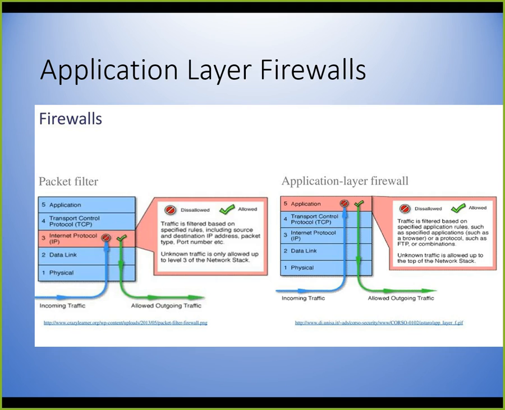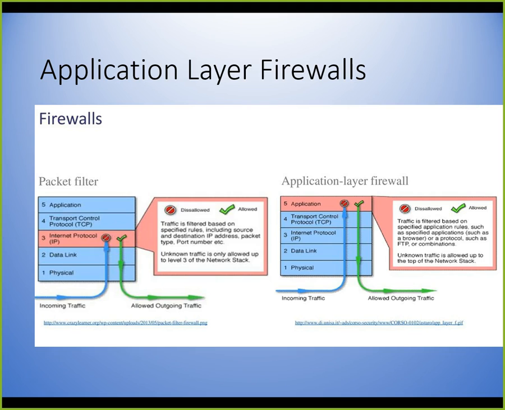Application traffic is filtered based on specified application rules. People don't use them anymore, but back in the day, AOL Instant Messenger was a big deal. Some people use some of the messenger software in their network. These application layer softwares are so specific that they can allow AOL and deny Google Messenger and Yahoo Messenger at the application layer.